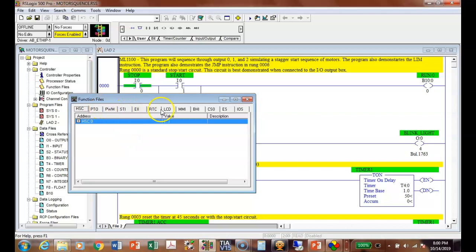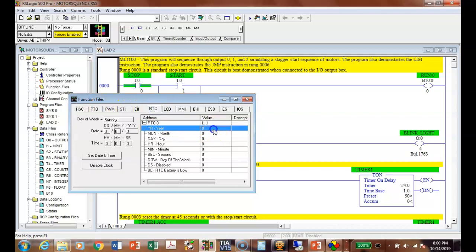Real-time clock. Okay, and what month are we in? 10. What day? What hour?